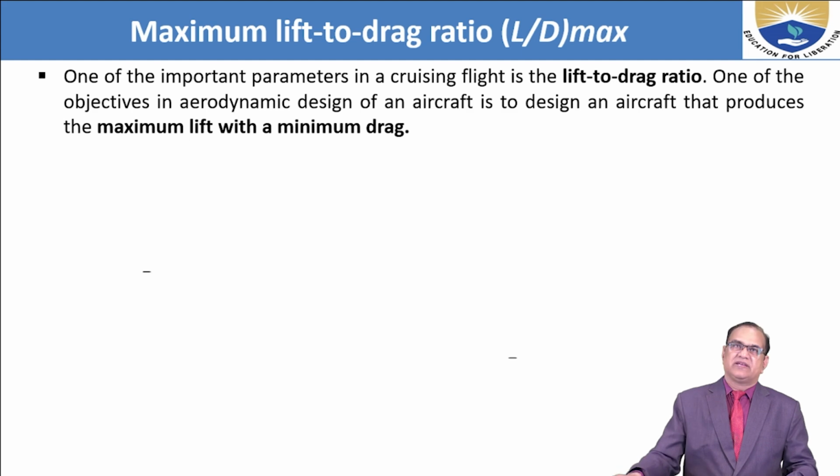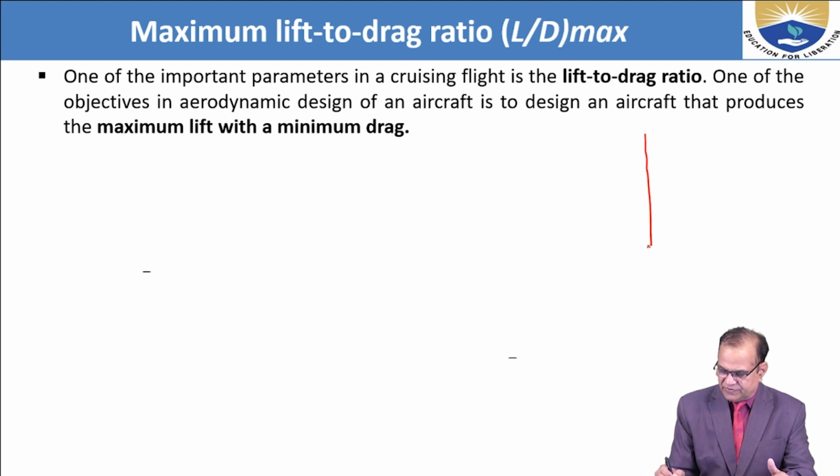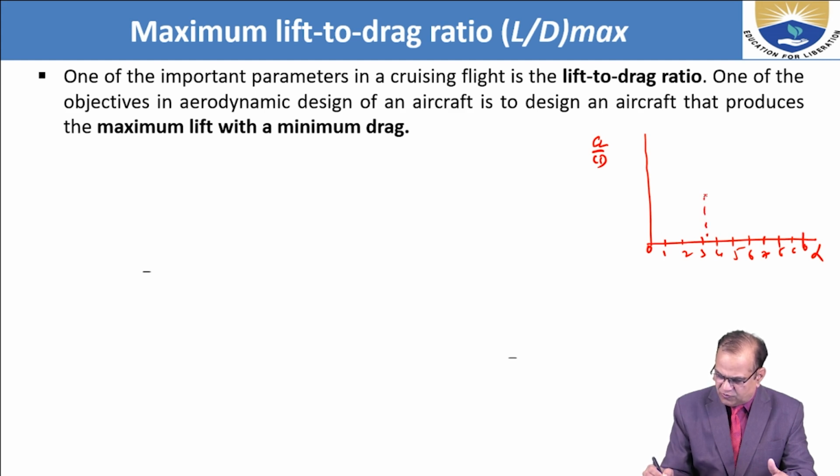We will be seeing here the maximum lift to drag ratio. So what is the maximum lift to drag ratio? We have seen previously that if we plot alpha versus CL by CD for the symmetric airfoil, with alpha at 0, 1, 2, 3, 4, 5, 6, 7, 8, 9 and 10, then nearly between 3 to 4 the curve goes highest and then it comes down.